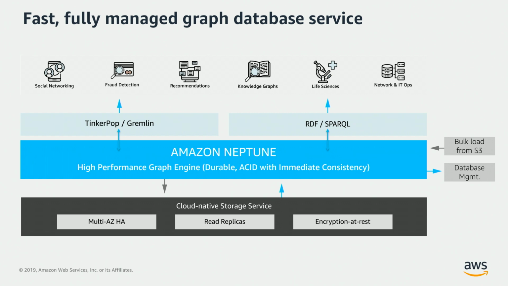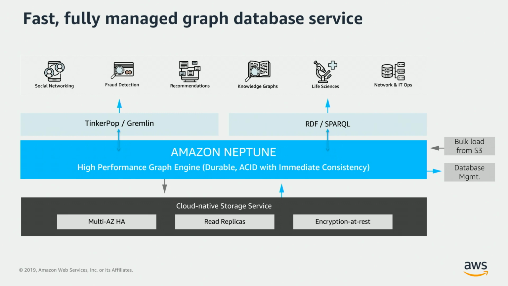So every Neptune instance supports a Gremlin WebSocket server and a Gremlin REST server. And we also support RDF graphs and the SPARQL stack. So every Neptune instance also has a REST service that implements the SPARQL 1.1 protocol.